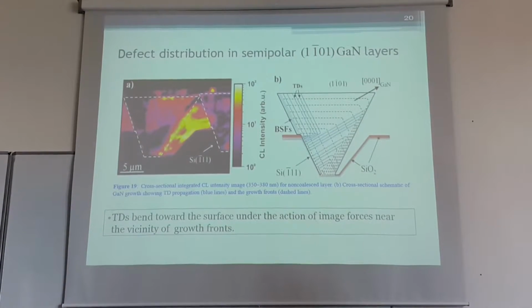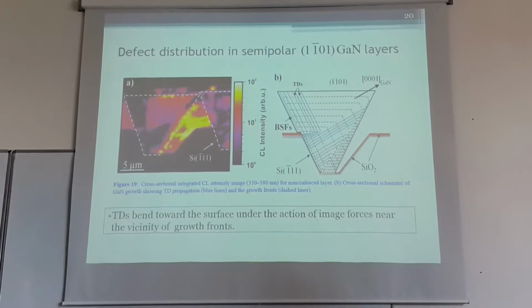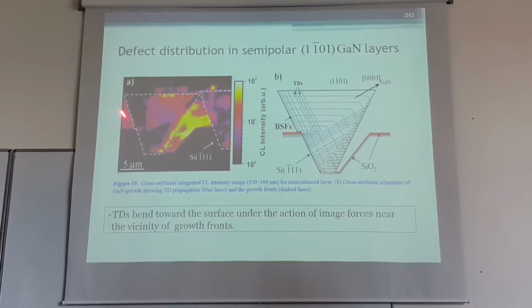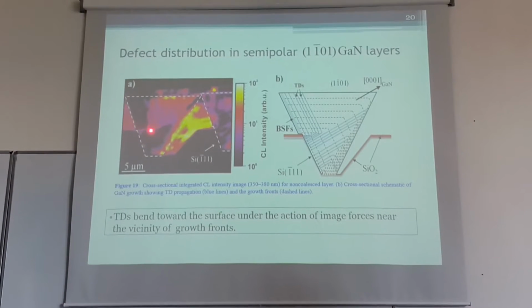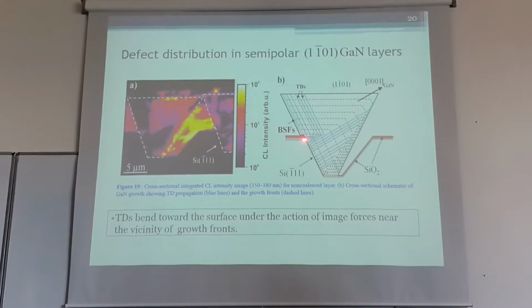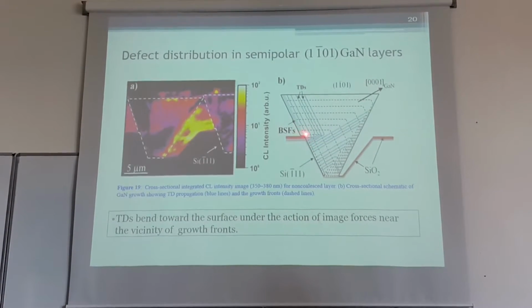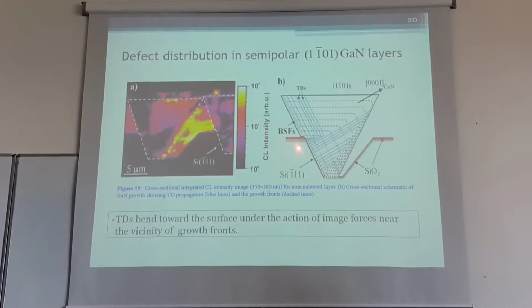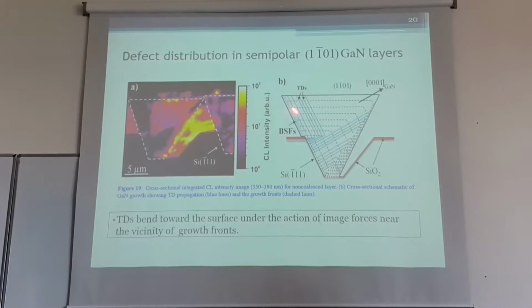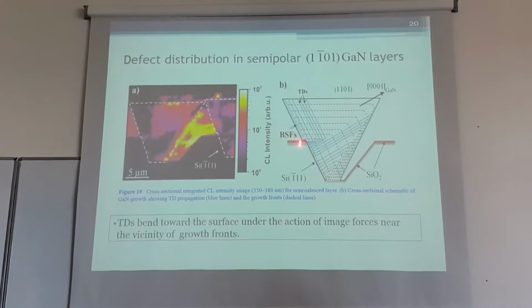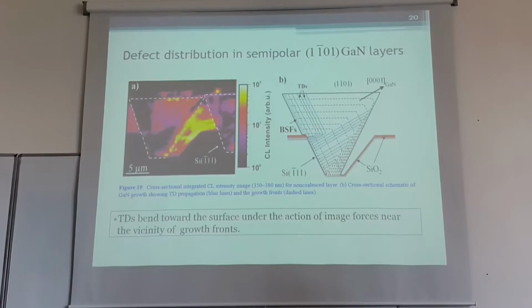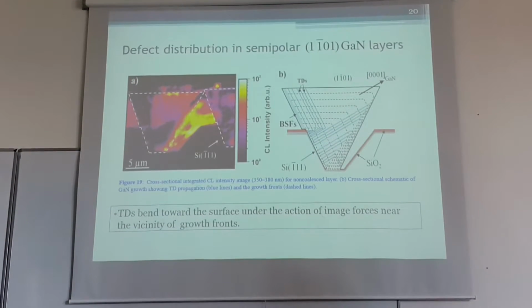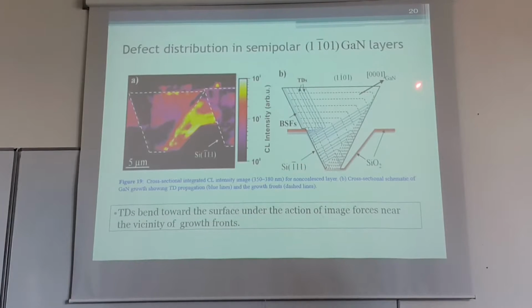We found that the touching points to silicon increase the basal stacking faults in the structure. However, in the growth directions, you usually see a threading dislocation in the growth direction. This is the C plus direction.